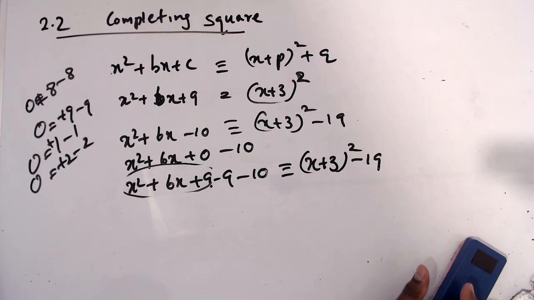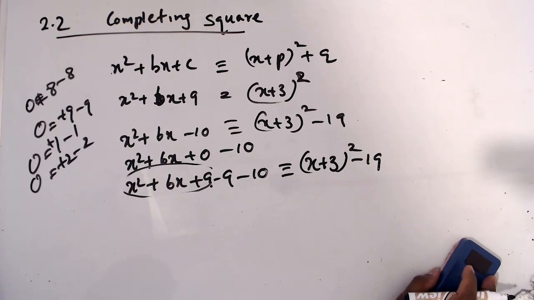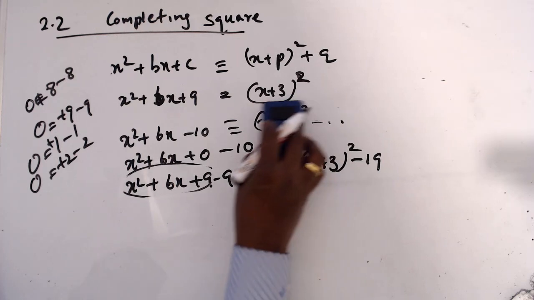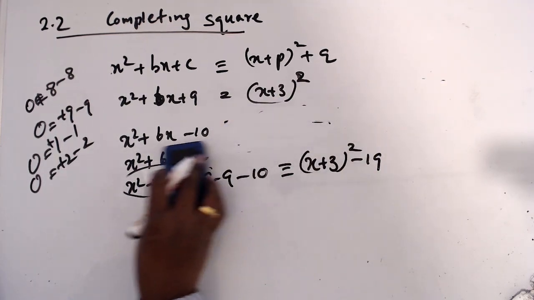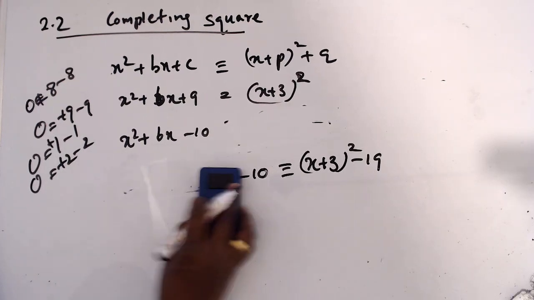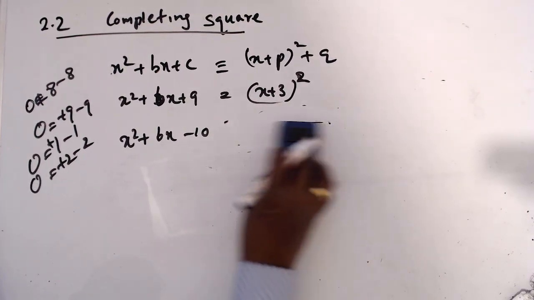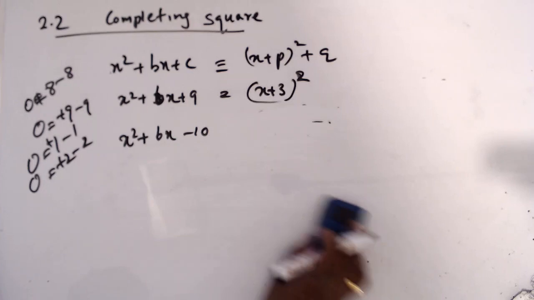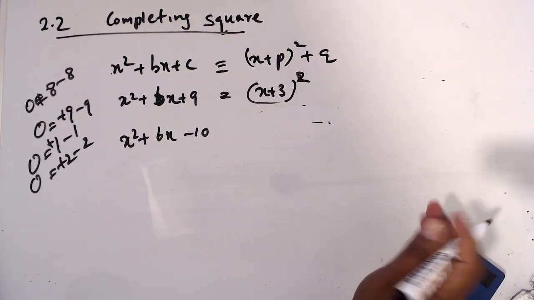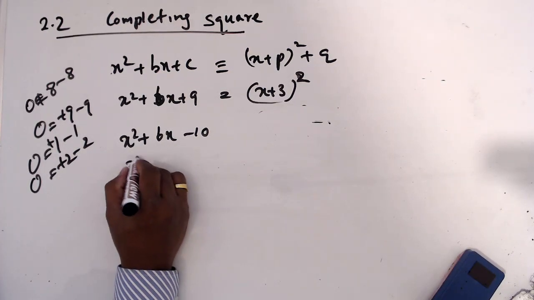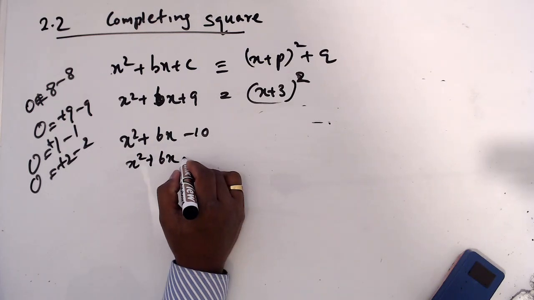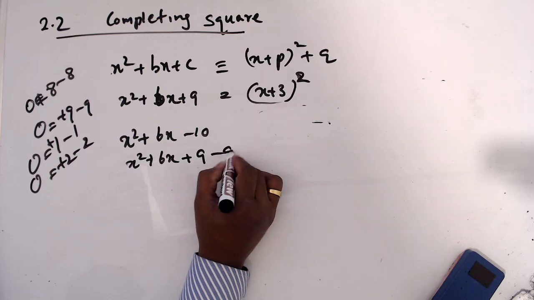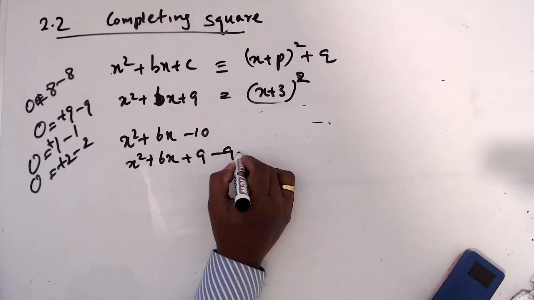Also, I'd like to discuss this sum again. Now we have this sum. So what is our plan? x squared plus 6x. Now plus 9 and minus 9 and minus 10.